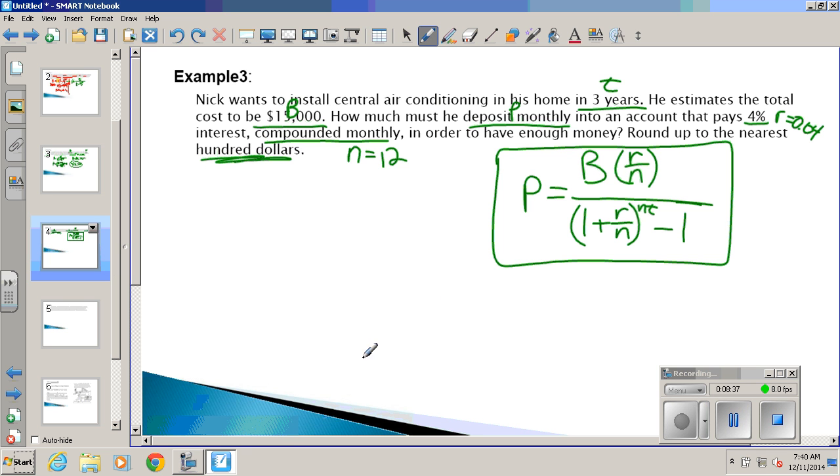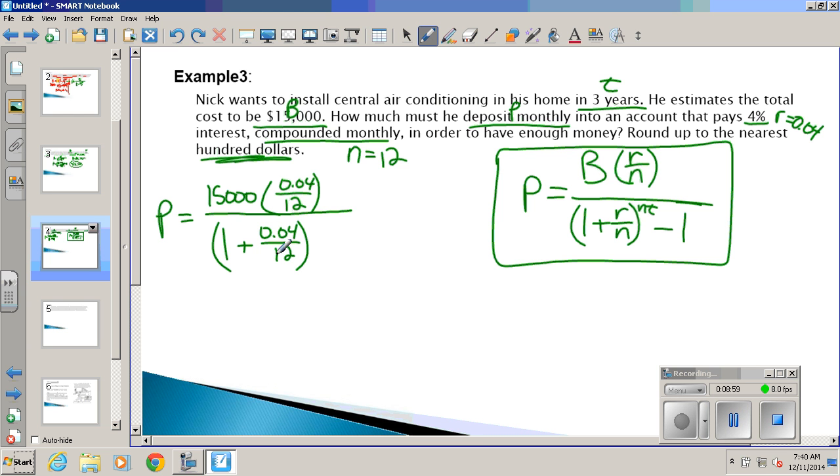So in substituting into that formula, I have balance 15,000 times rate over n, number of times compounded in a year, and 3 years.